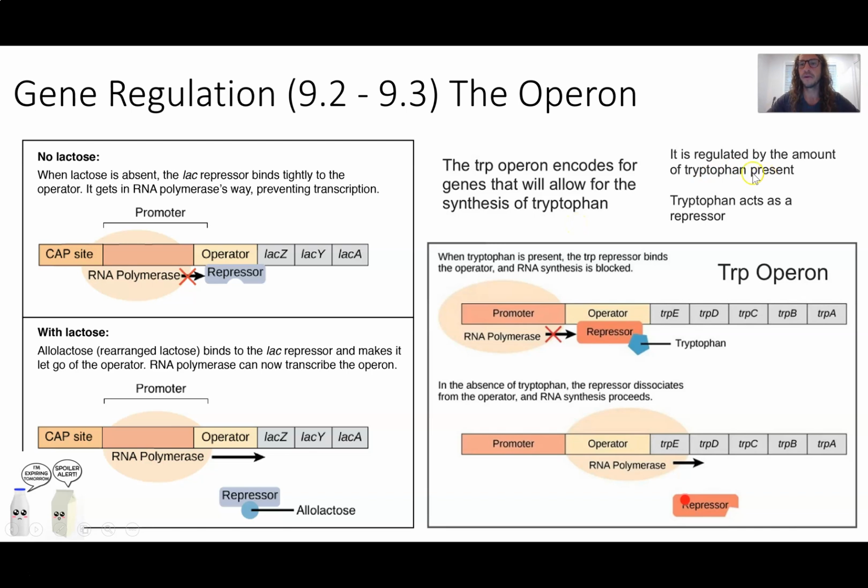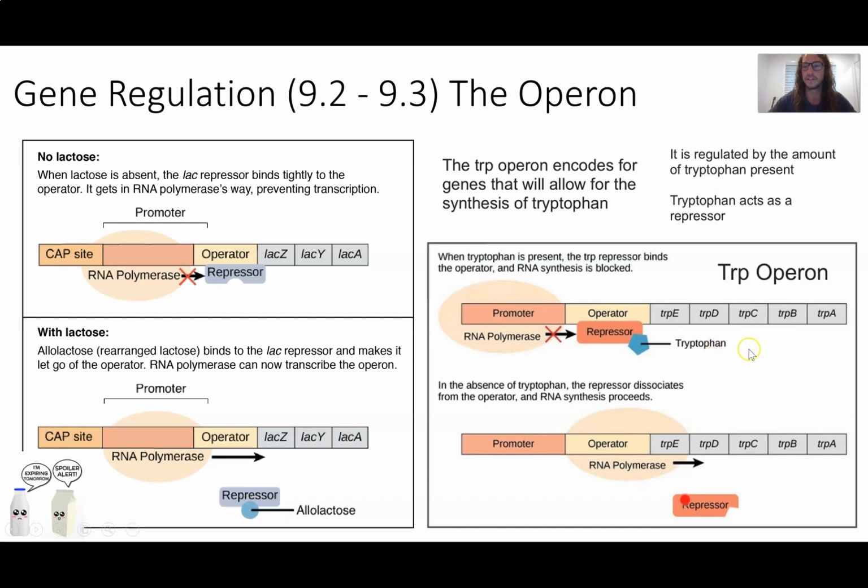It is regulated by the amount of tryptophan already present. And tryptophan, instead of being in positive control, actually acts as a repressor. So let's talk about that now. When tryptophan is present, it actually activates the repressor and stops RNA polymerase from working.